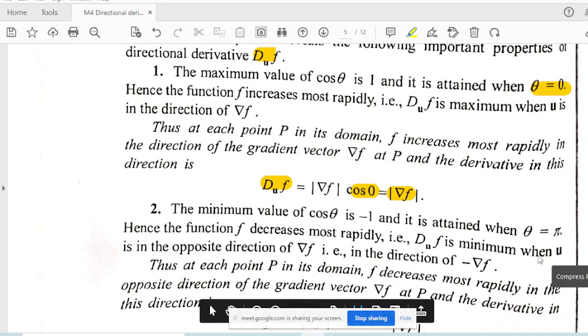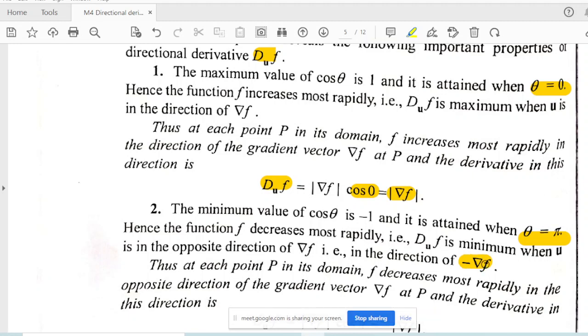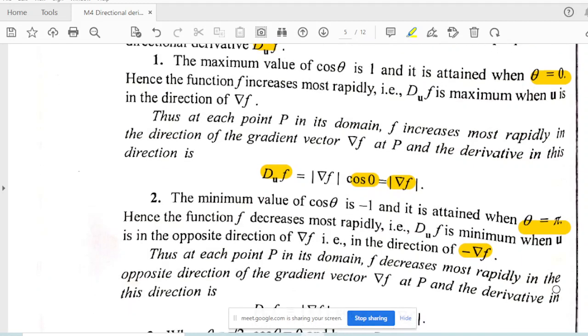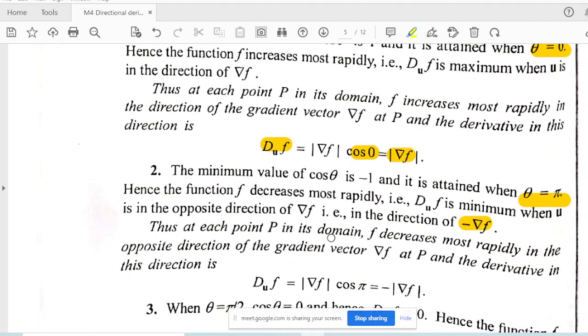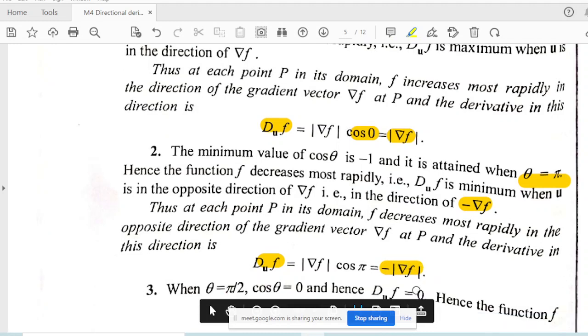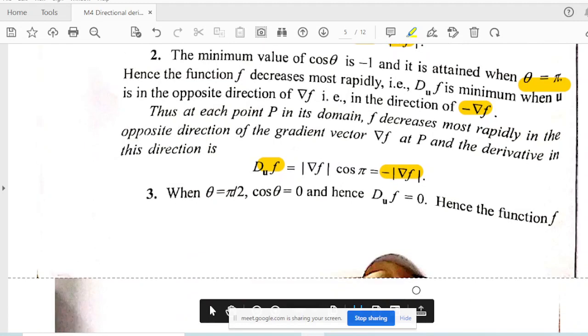Similarly, when theta equals pi, the directional derivative is minus of the magnitude of grad f. We get the minimum value of cos theta, which is minus 1, attained when theta equals pi.